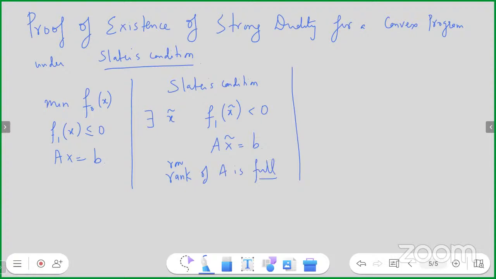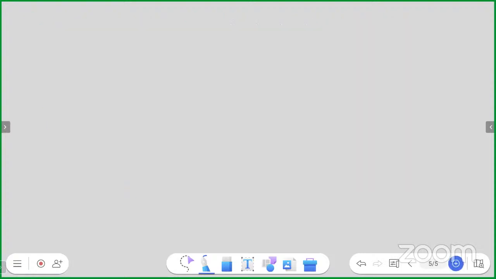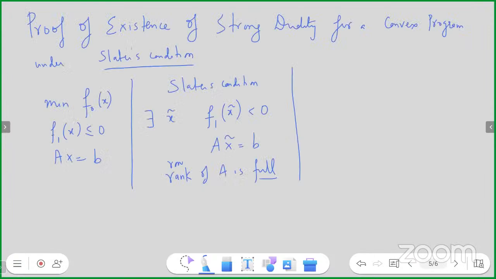So define two sets. Is that assumption needed, or is it just to make the proof easier? Yeah, I think it's needed. Because A is not a square, not necessarily square.